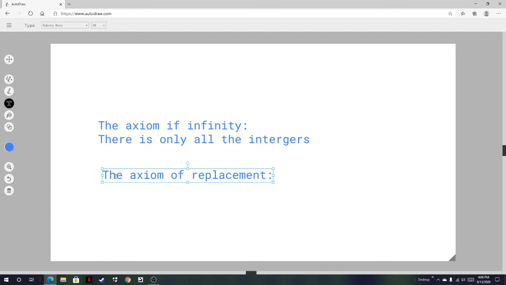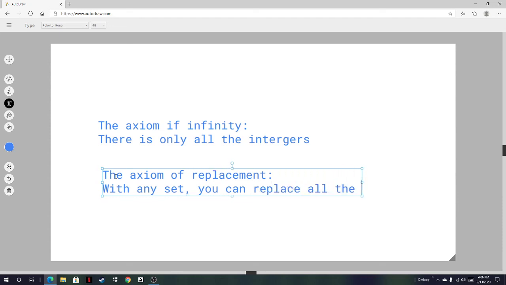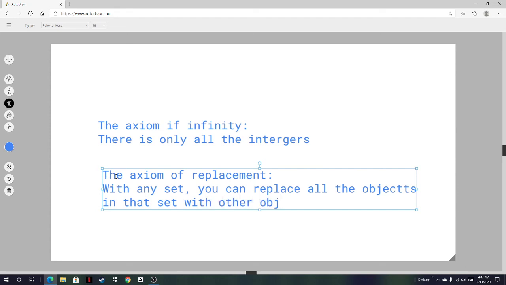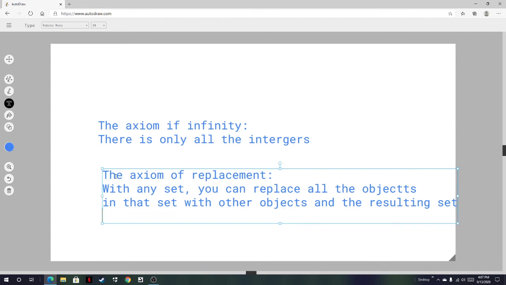So the axiom of replacement states that with any set, you can replace all the objects in that set with other objects, and the resulting set will still be a valid set.